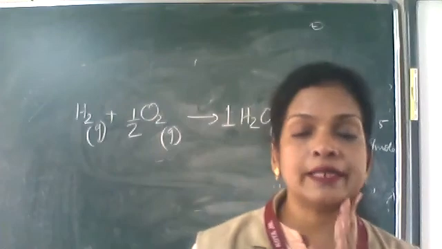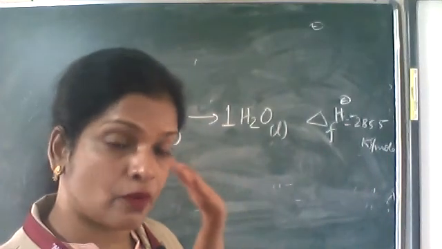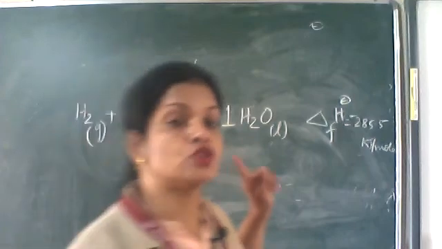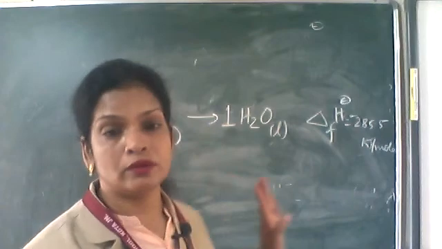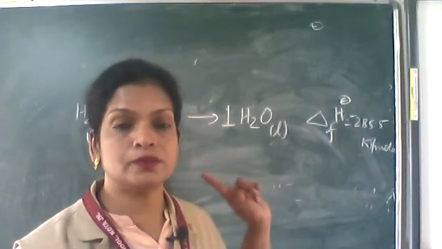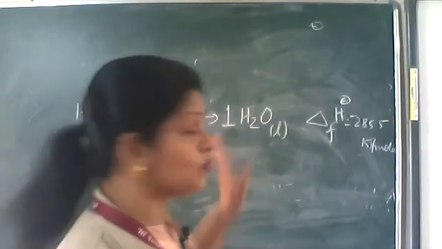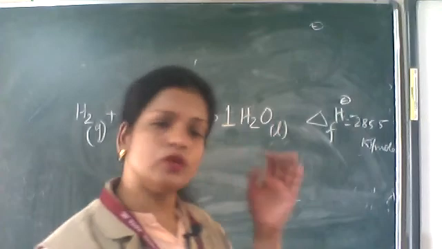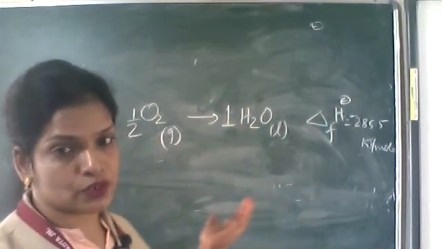Enthalpy of formation of this water, this compound, means from its constituent elements. These are the two main conditions: from constituent elements, and for 1 mole, in their most stable state at 25 degrees Celsius and 1 bar pressure.